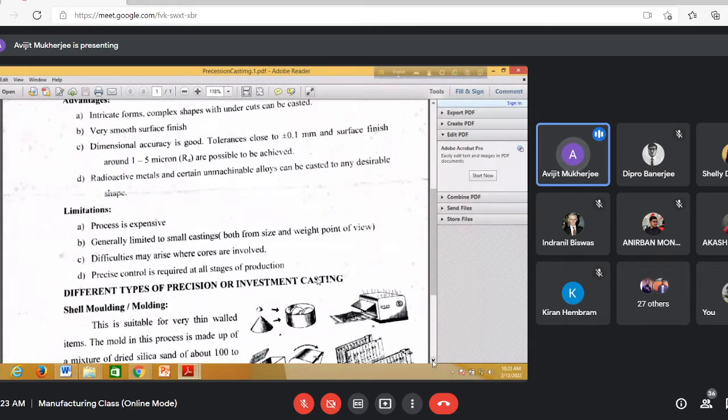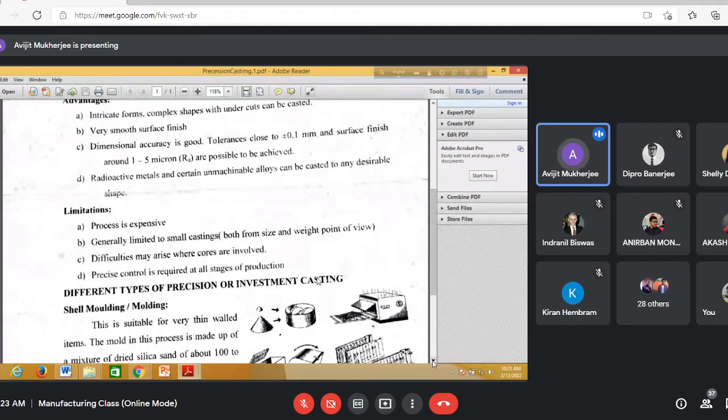Though I can produce cast parts up to 10 kg, for larger casting, unless otherwise it is a very special type of material, unmachinable alloys or radioactive metals, I don't go for precision investment casting for larger jobs. Okay, generally it is applied for small casting, and difficulties may arise where cores are involved.